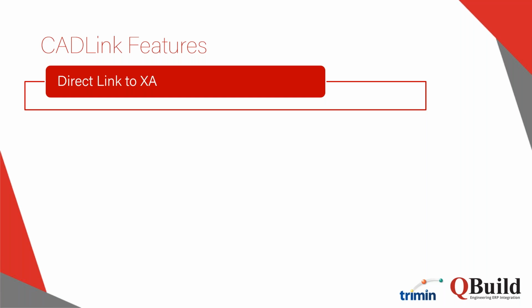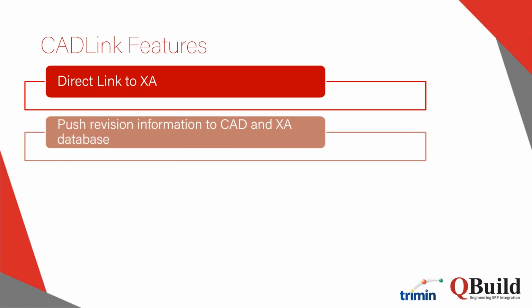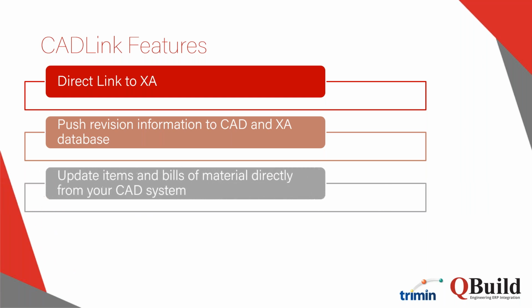Like searching on my item master for any items that I like to add, or automatically pulling in the values that I have set up for different fields like unit of measure, warehouse, etc. I'm able to push revision information directly from my CAD model into my XA database and ERP. And I'm also able to update those items and BOMs directly from my CAD systems as well. So I didn't actually have to ever leave my CAD system. It was all done directly through that and pulling in that CAD system's information and data as well.